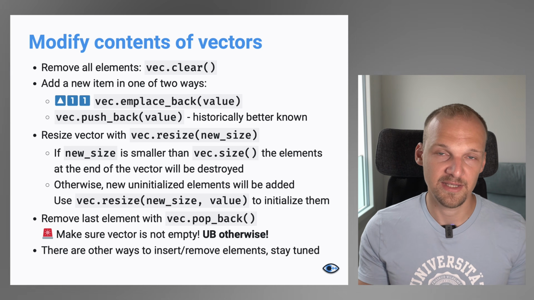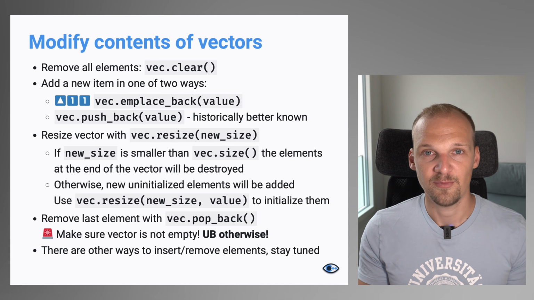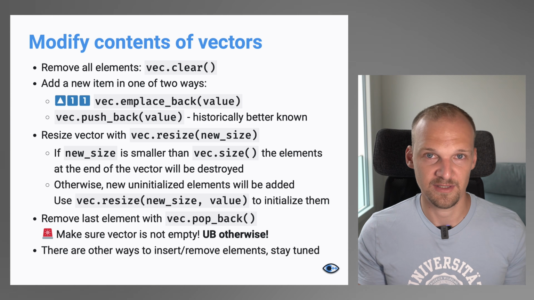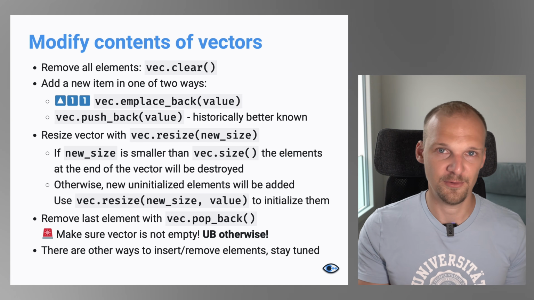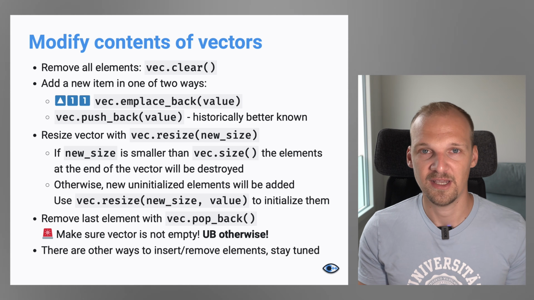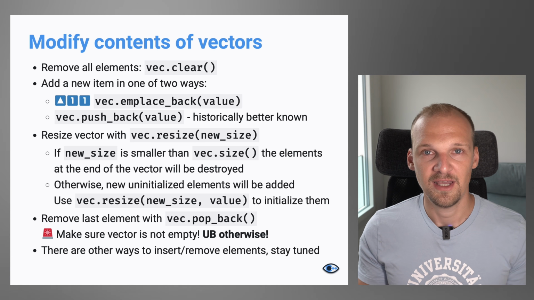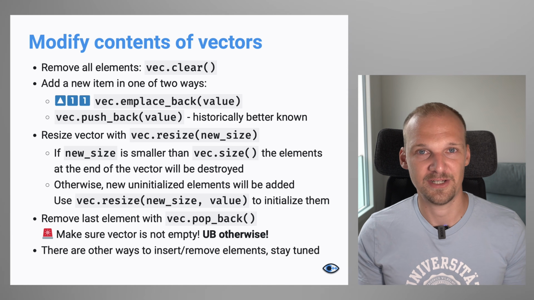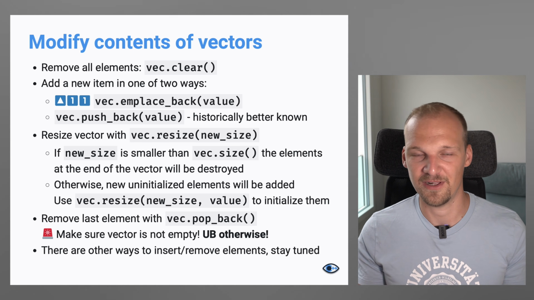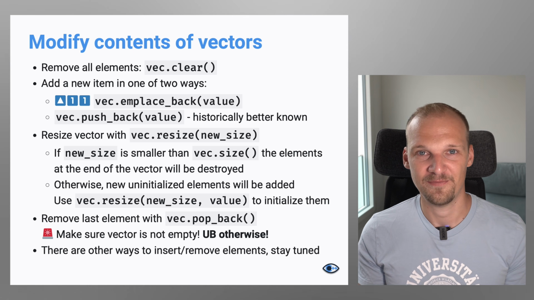The emplace_back is the new standard in C++ from C++11 on, but the push_back one is historically more used, and actually is now implemented through the use of emplace_back. So generally speaking, you can use either of those in most situations, and we will talk a little bit more about the details here when we start talking about lvalues, rvalues, and how data is moved around in C++, but not now.